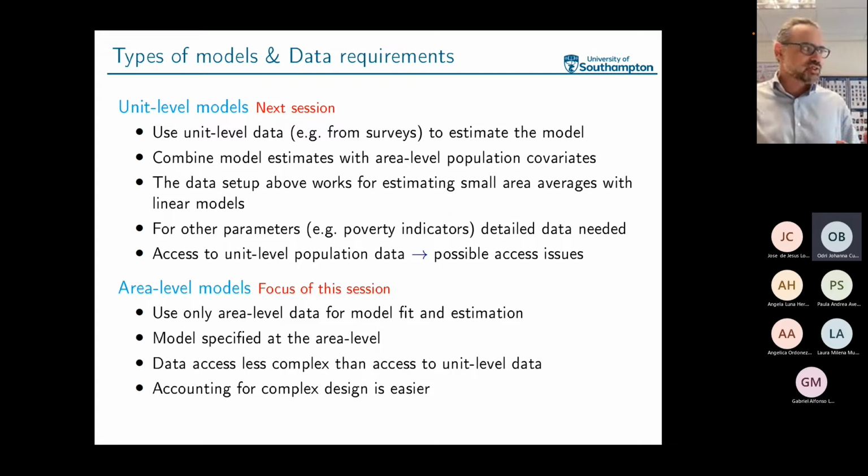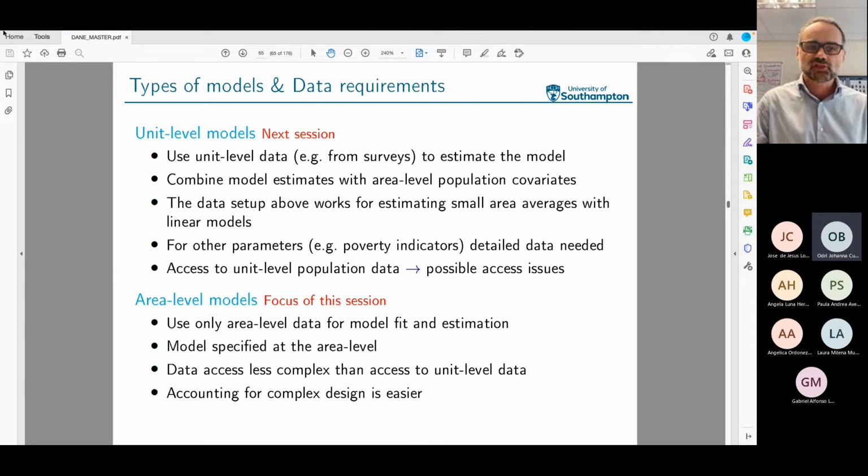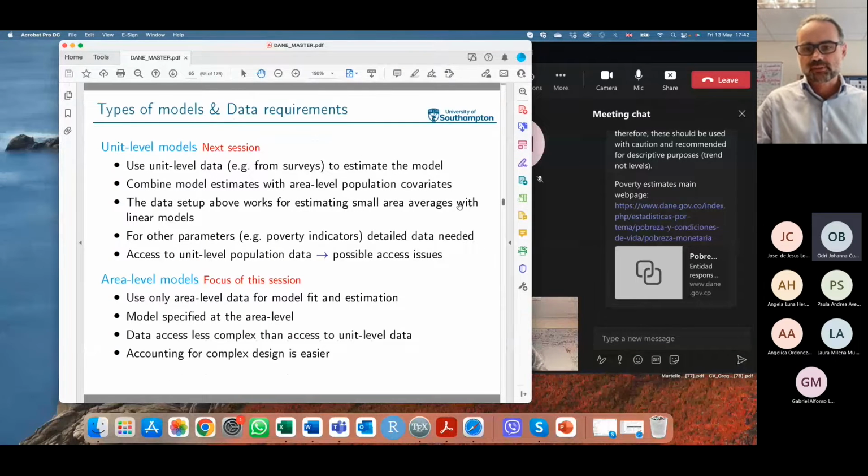The second aspect I want to mention is that, until now or in recent applications, a lot of the methods assumed some access to census data. And in a number of countries, census data are not very frequent, because running a census is an expensive exercise. As a result, what you end up doing in some cases is building a model using the most recent census data. And then, as you move away from the census time, there are problems that you start facing.